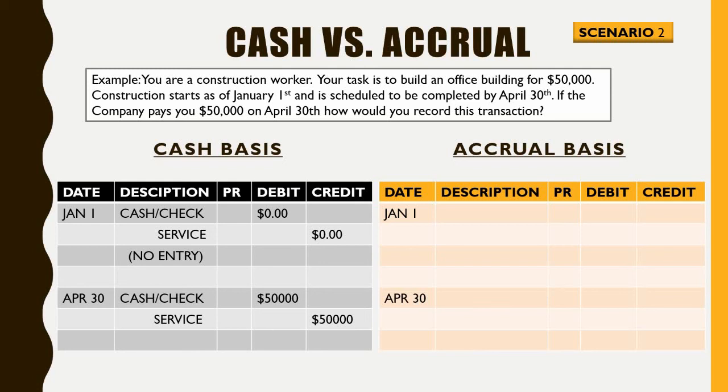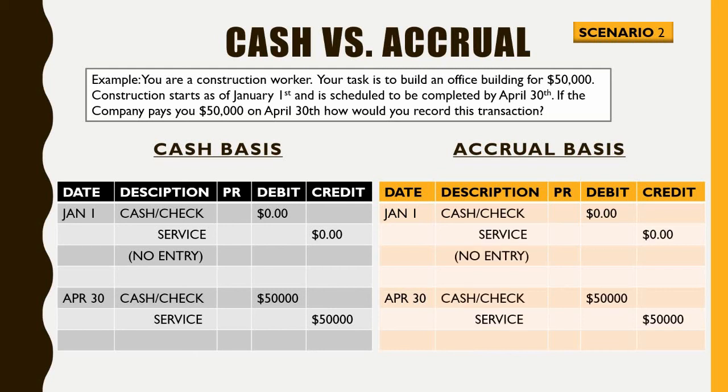Whereas on an accrual type basis, it's going to be the same as the cash basis because the service wasn't done. You were told to do a job, but you weren't paid until April.